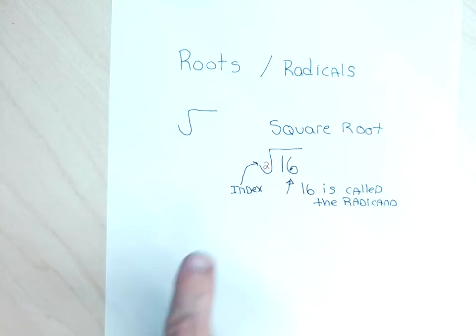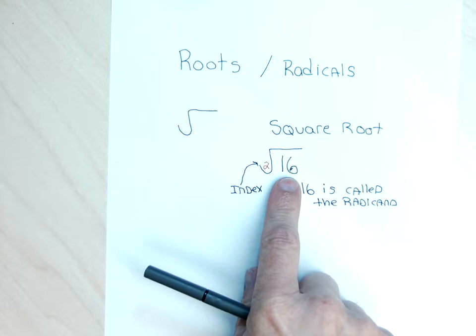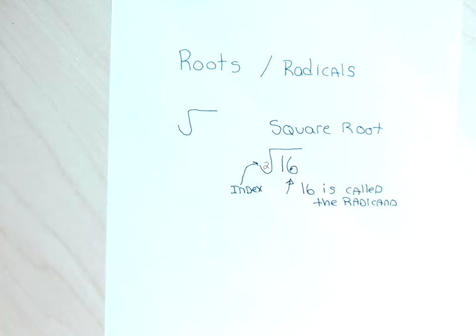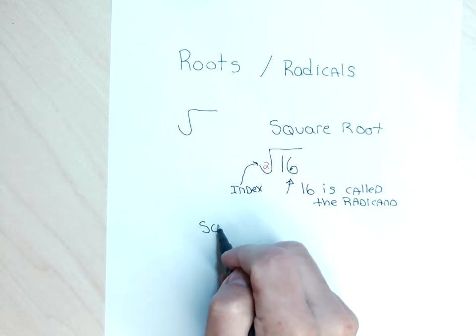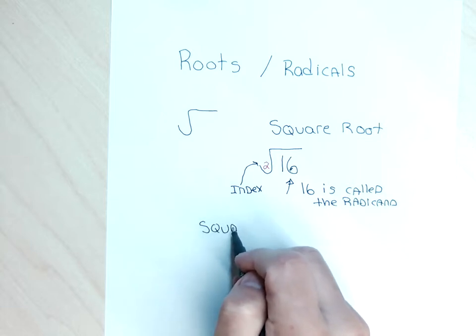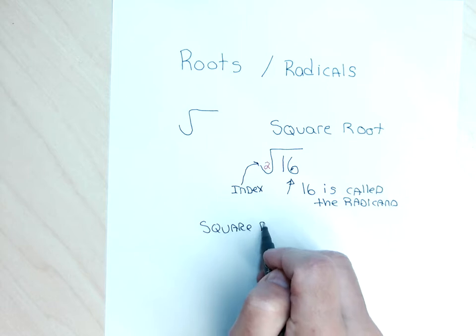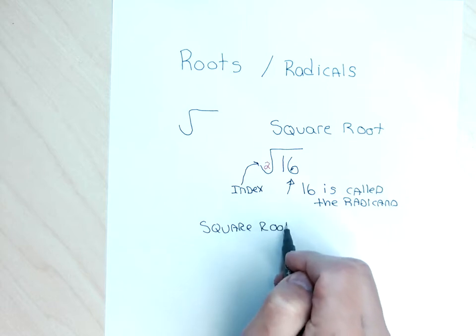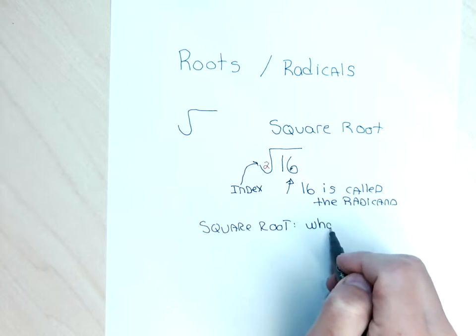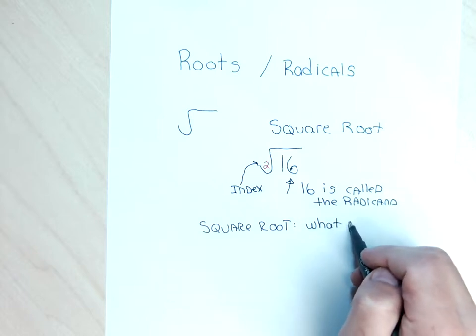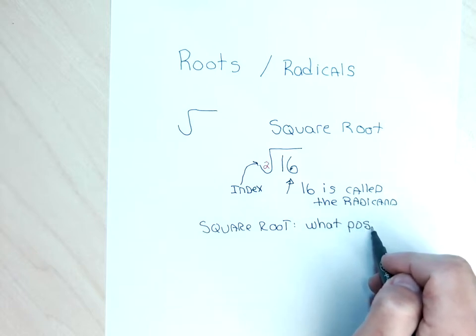And I hope most of you know that the square root of 16 is 4. The square root symbol by itself asks the question, what positive number squared equals the radicand?